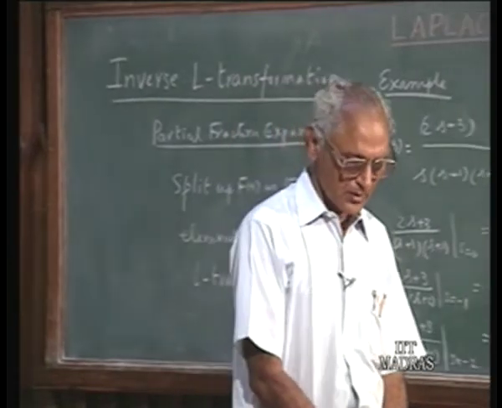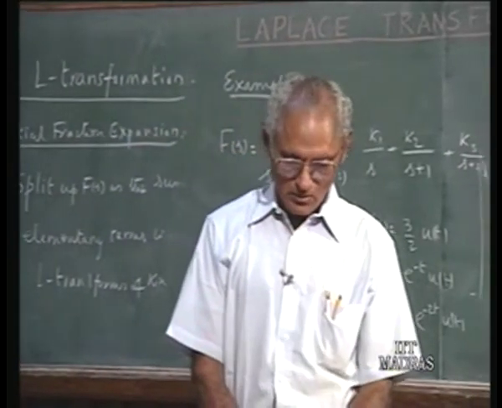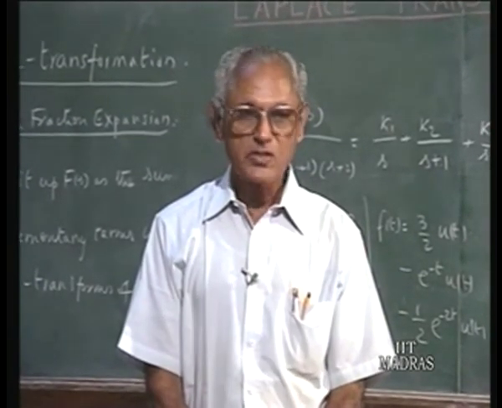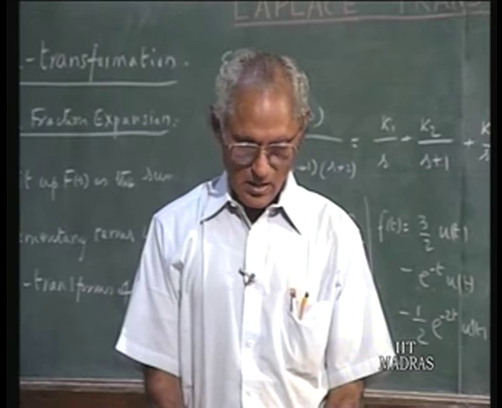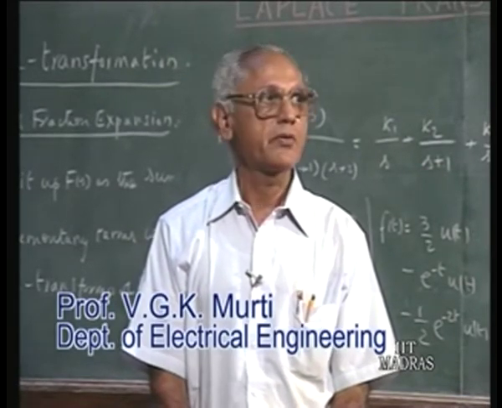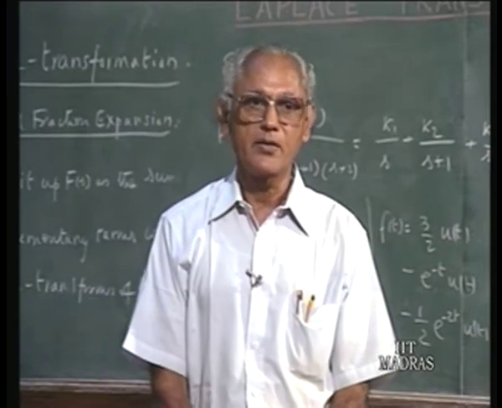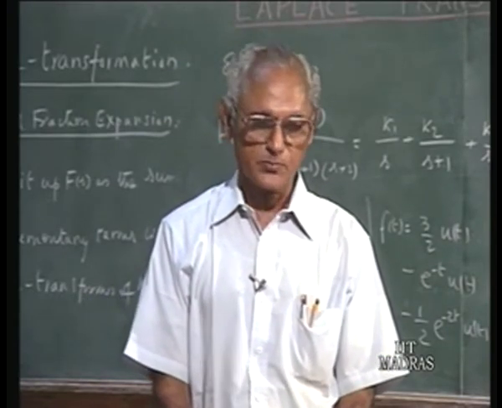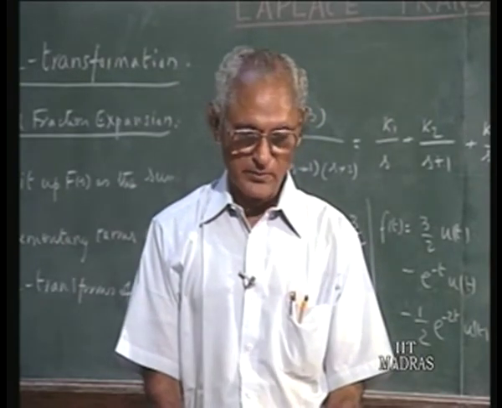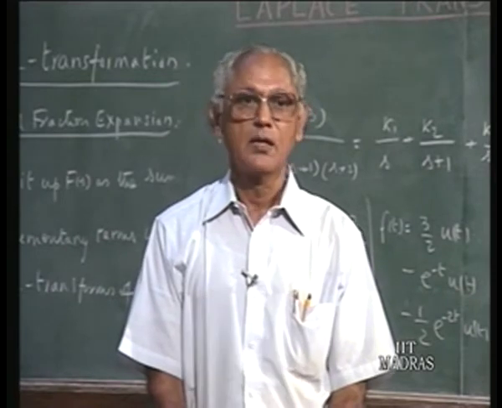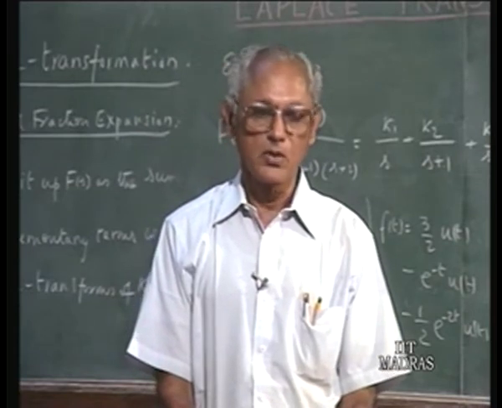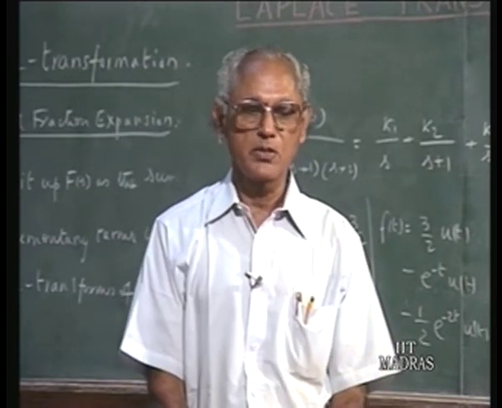So, in this lecture we worked out various examples to illustrate the properties of Laplace transforms we had studied earlier, and then we started a discussion on the method of finding the inverse Laplace transformation of a given function of s, that is, to identify the f(t) to which the given F(s) corresponds. In this direction we started with the partial fraction expansion of the given function of s, and as a first case we have taken the situation where all poles are distinct and simple, that means no pole is repeated.